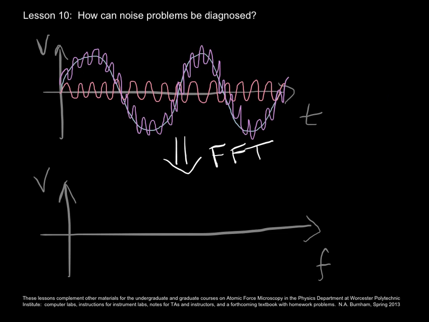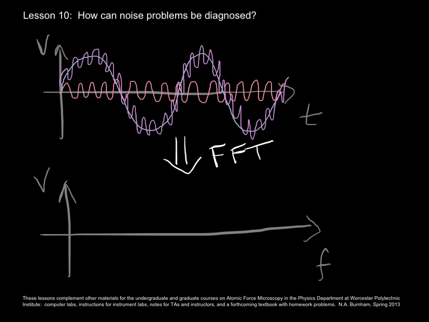Just to be clear about Fourier transforms, what we have here is a low-frequency sine wave, shown in blue, good amplitude, a smaller amplitude, higher frequency sine wave, shown in rose.